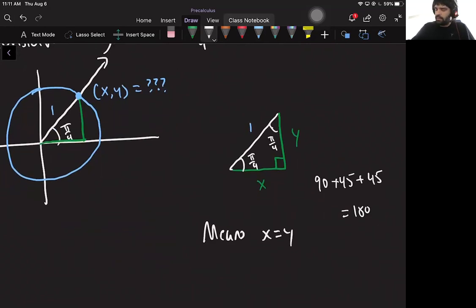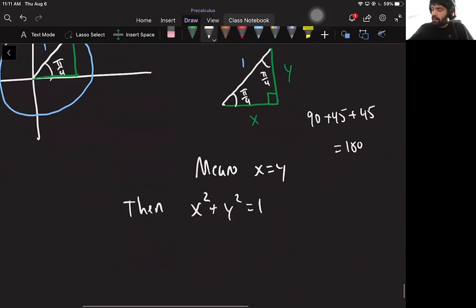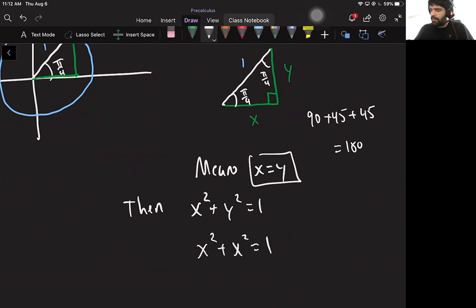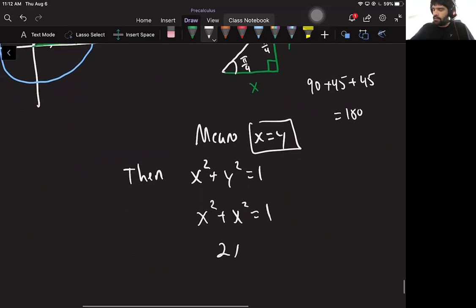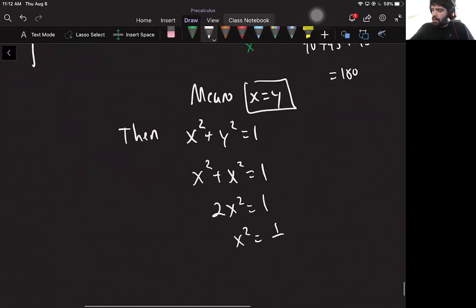And what can I do with that? Well, what do I know about x and y? All I know is that x squared plus y squared equals 1 squared, which is 1. But now I know x equals y, so I can replace either one with the other one. So maybe I'll do x squared plus x squared. That equals 1 now. That gets me 2x squared equals 1. That gives me x squared equals 1/2.